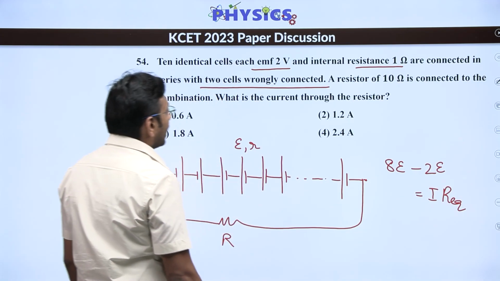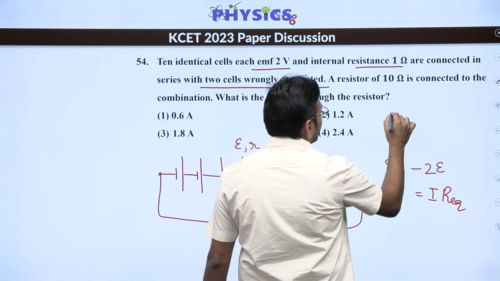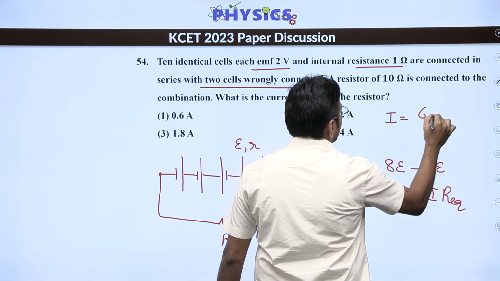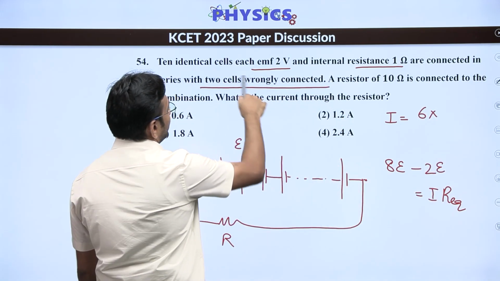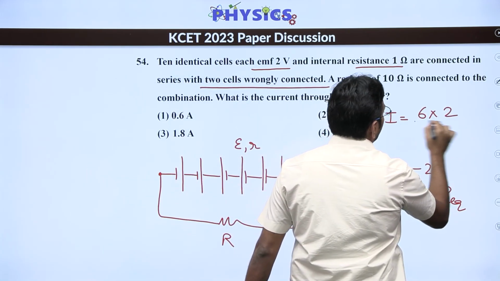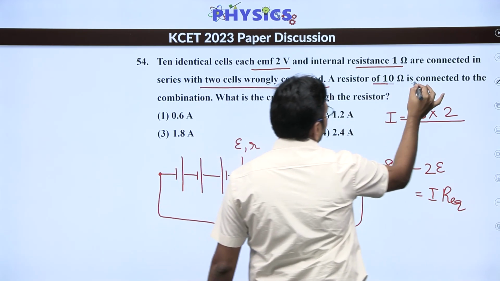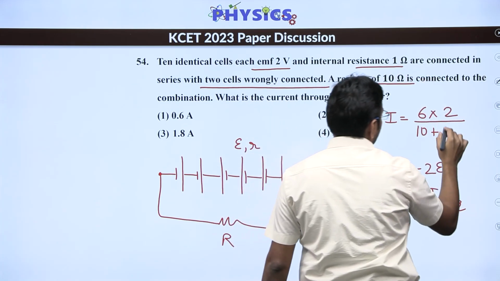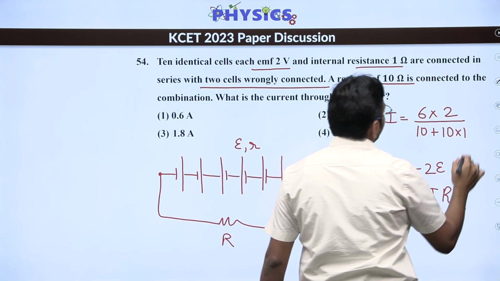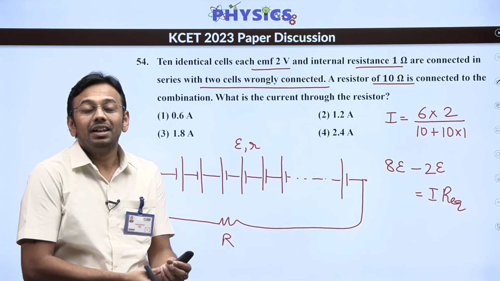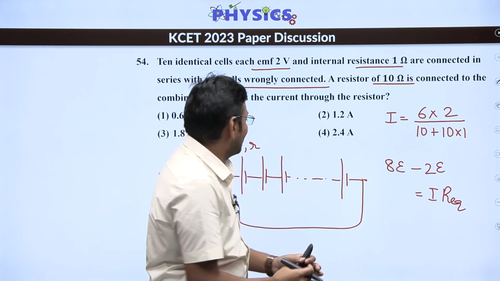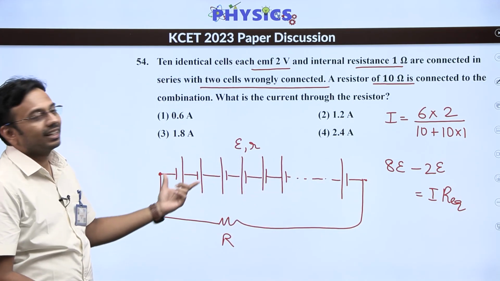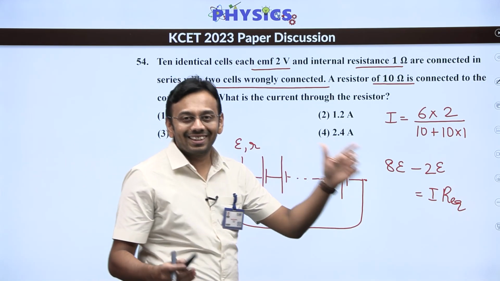So now if I want to calculate, the current will come out to be 6 times the EMF, the EMF is 2 volts, divided by the total resistance. So we have external resistance 10 ohms plus we have 10 resistances each of 1 ohm, which are the internal resistances of the battery. Remember, only the EMFs will have this effect of getting cancelled out, not the resistances.